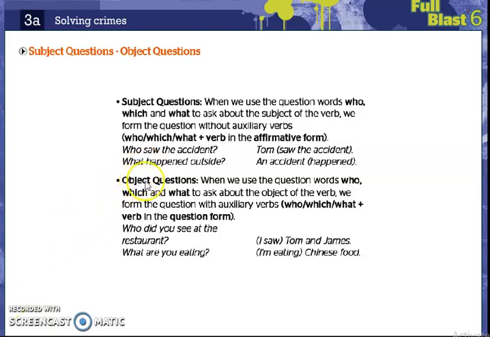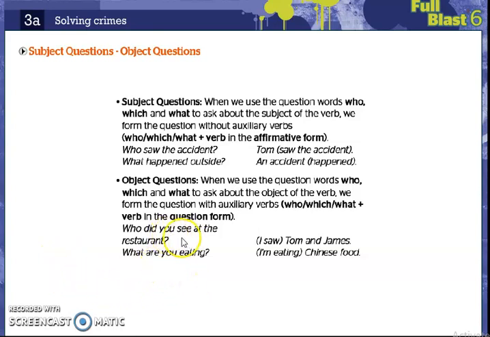And when we ask about the object, we have to use an auxiliary verb. So we start with the question word like who, which, what, plus the auxiliary verb. But what do you mean with the auxiliary verb?